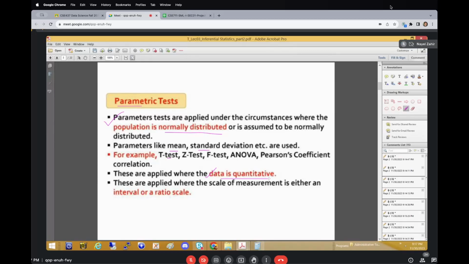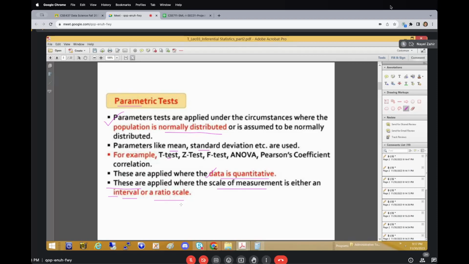When the data is not quantitative, we cannot apply the parametric test. These are applied where the scale of measurement is either interval or ratio scale. So when we collect the data, it is usually in the form of interval, or maybe in the form of ratio.